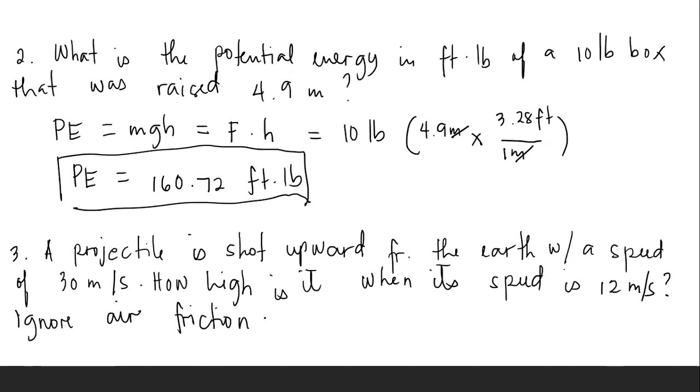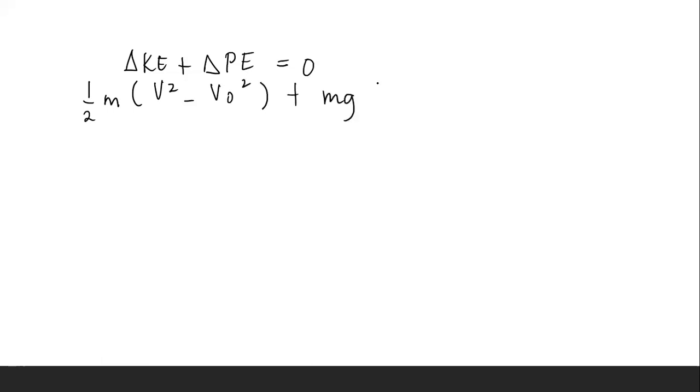The formula that we are going to use here is the change in kinetic energy plus the change in potential energy is equal to 0. We have 1/2 m times v final squared minus v initial squared, plus mg times h final minus h initial, equal to 0.